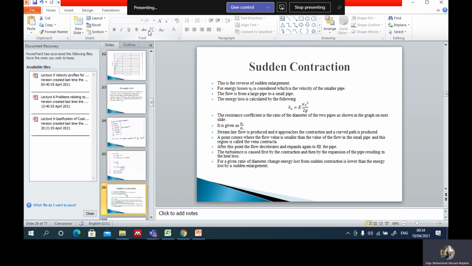The energy losses are considered in which the velocity of the smaller pipe again. The flow is from a larger pipe to a smaller pipe, and the energy loss is calculated by HL is equal to K U square upon 2G.